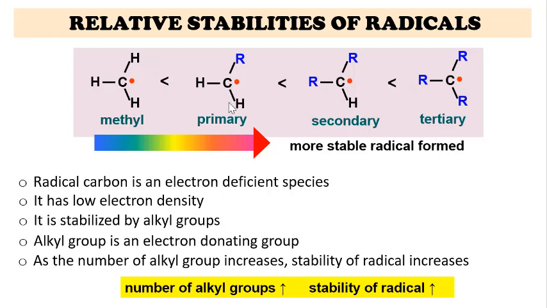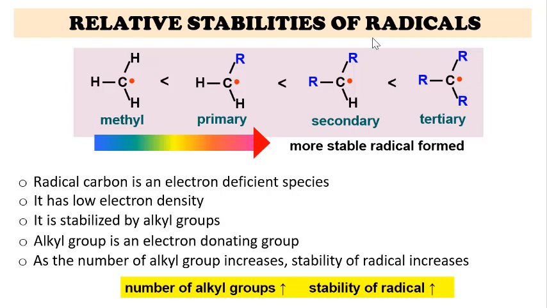The second one is the primary carbon radical, because the R group here is an alkyl group. Since it has one alkyl group attached, it is a primary carbon radical. The secondary carbon radical has two alkyl groups attached, and the tertiary one has three.